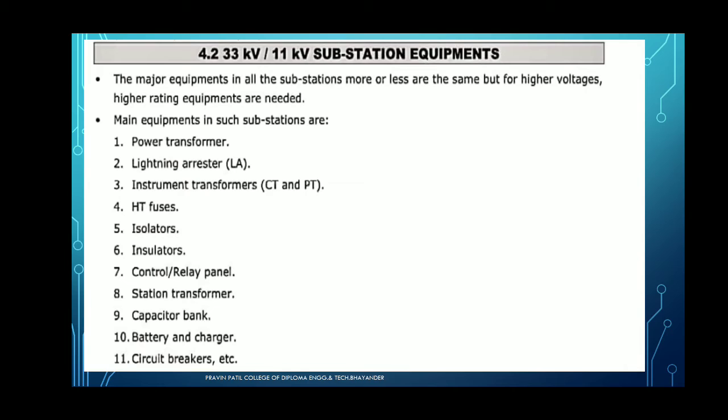The main equipment required are the power transformer, lightning arrestor, instrument transformer, HT fuse, isolator, insulators, control panel, relay systems, station transformer, capacitor bank, battery charger and circuit breaker. So these are the different types of electrical equipment installed in a 33 by 11 kV substation.